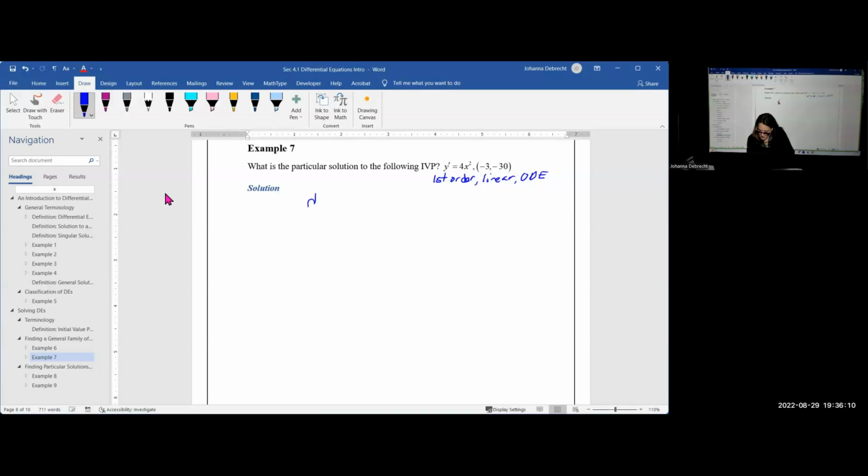So I'm going to write the y prime as dy dx. I'm going to integrate with respect to dx on both sides of the equation. And this is going to give me the dx's cancel on the left, and I get the integral of dy. The integral of 4x squared is going to give me 4/3 x cubed plus a constant.